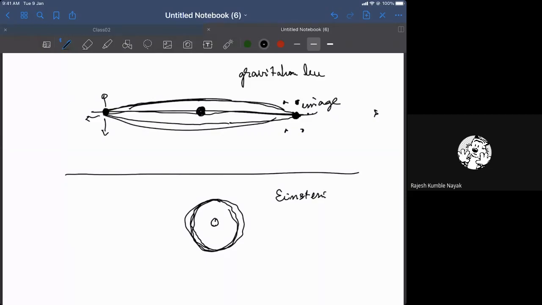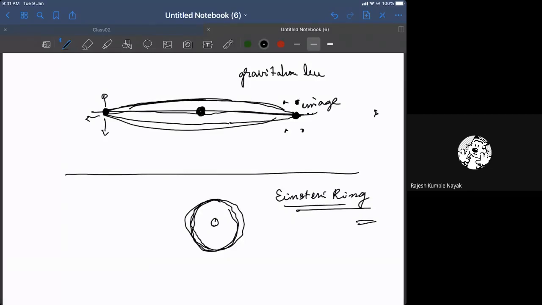So Einstein himself predicted it. That is why I called it Einstein's ring. But he never thought it is possible to observe this. But this has been observed several times because of the faraway galaxies which are being lensed by some other massive object, such as centers of other galaxies.